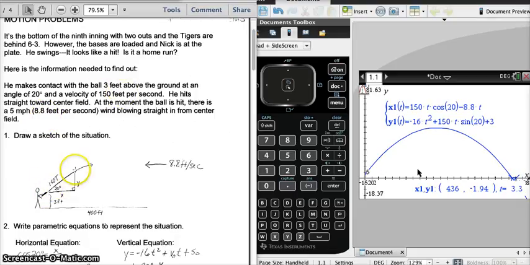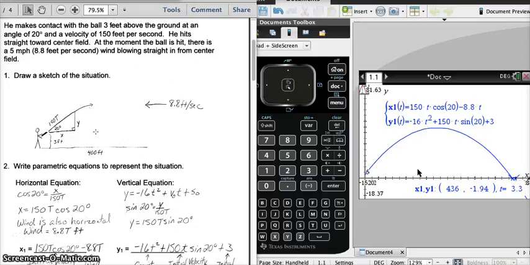So after 1 second, it's 150 times t, because after 1 second it's 150 feet, 2 seconds, 300 feet, etc. But it's also 3 feet above the ground. Remember, there's wind coming in toward him, so it's going against the ball, and that was 8.8 feet per second. So it says write parametric equations to represent the situation.